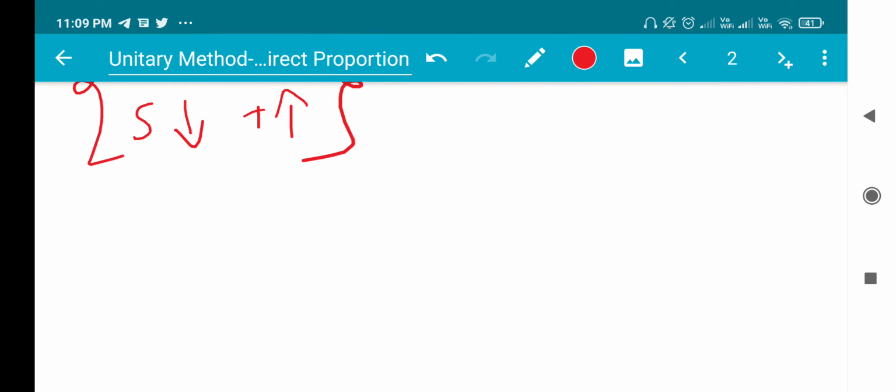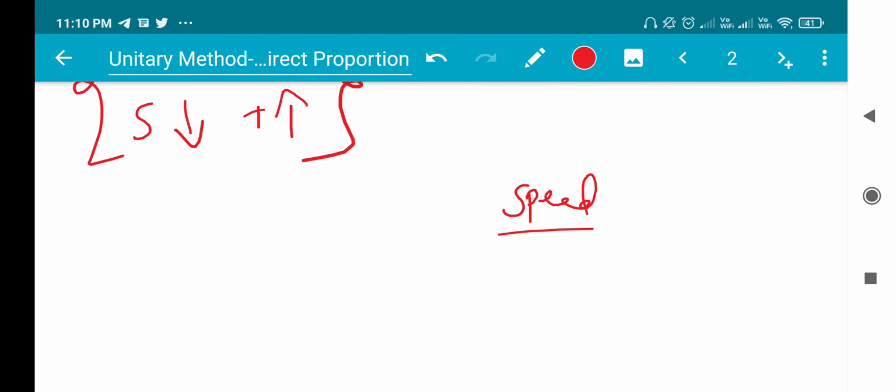See here, by traveling at a speed of 48 km per hour, a car can finish a certain journey in 10 hours. By comparing the quantities, one is speed. So what to find? Speed of the car. Speed of the car we have to write on the right side.